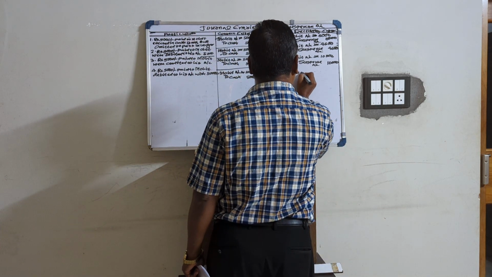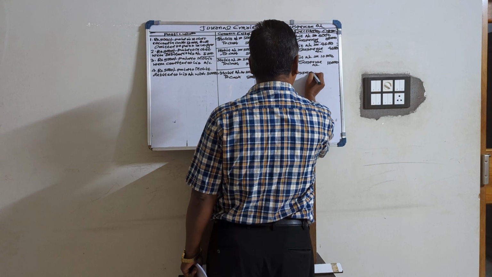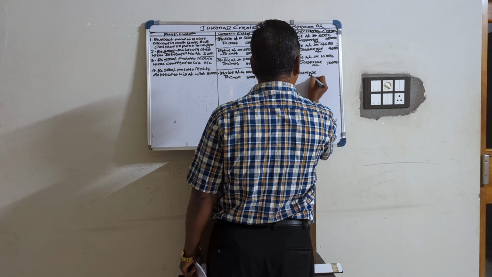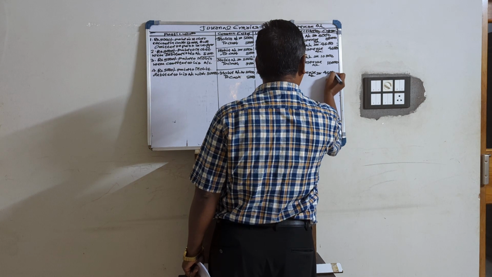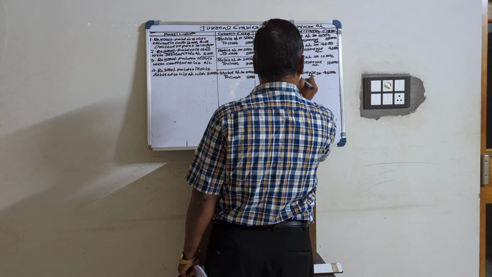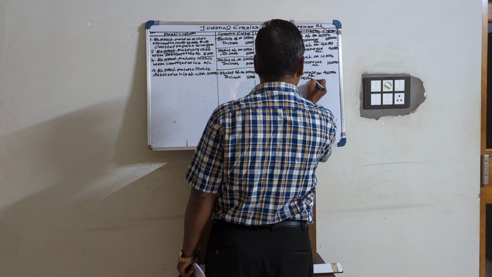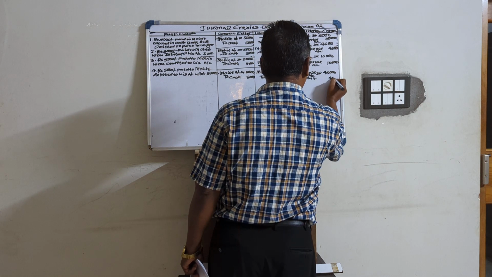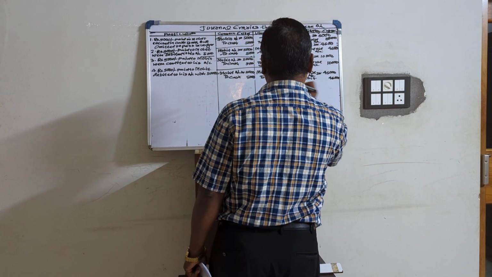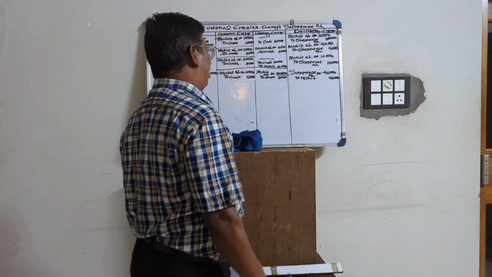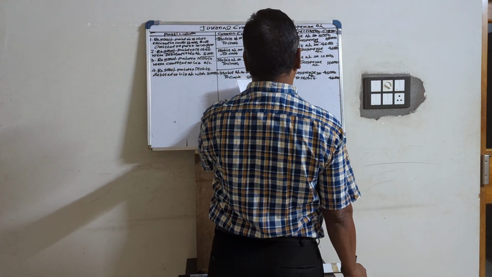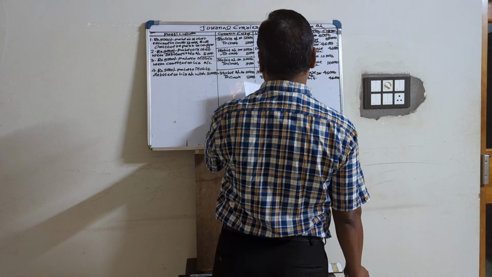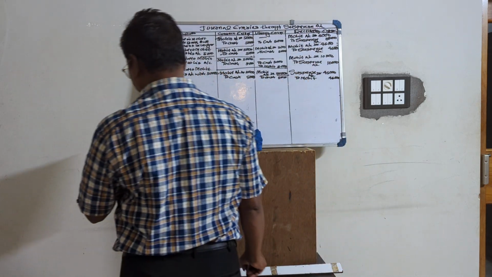Suspense account debited 45,000, that is the excess amount debited to Mohit. To Mohit 45,000. So he has wrongly debited Mohit with 50,000, now we have credited Mohit with 45,000. Net effect is Mohit account is debited with 5,000. Cash is correctly done. This is fourth.